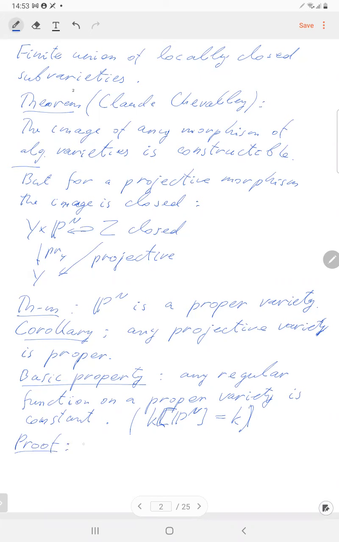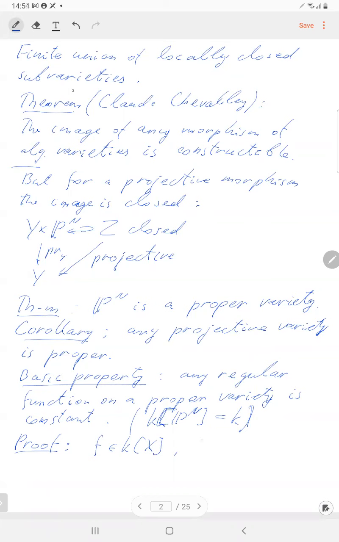So let's consider a function, say f, on our proper variety, and let's assume it's not zero. Well, if it's zero, then it's already constant.